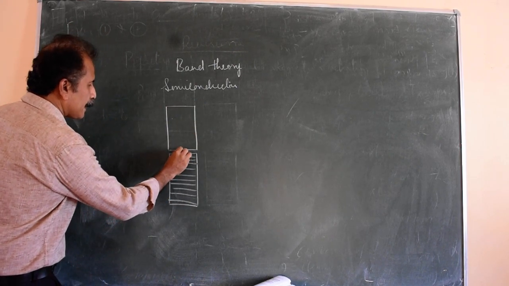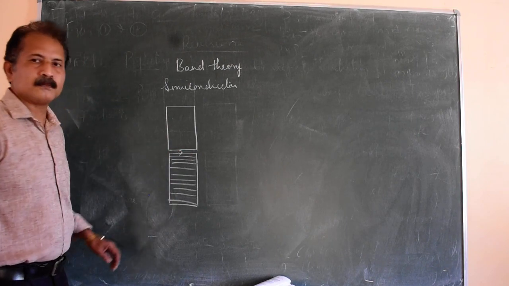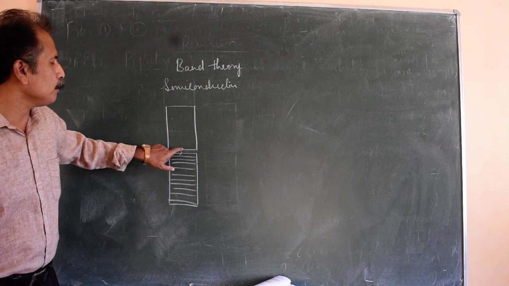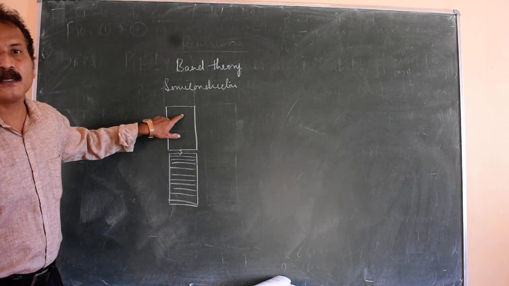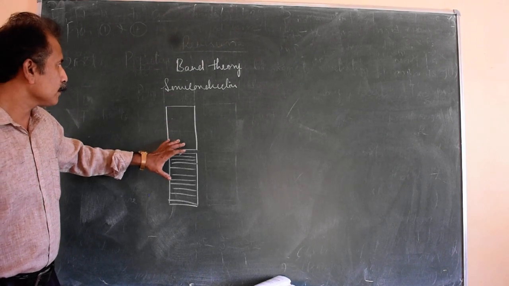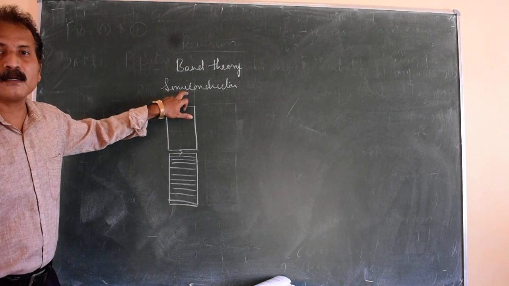What is the gap? The gap is very, very small between the two bands. Therefore, the electron can jump over and continue its journey in the higher band. So it will show some conductance. This is what happens inside a semiconductor.